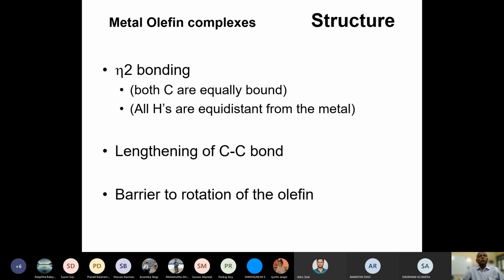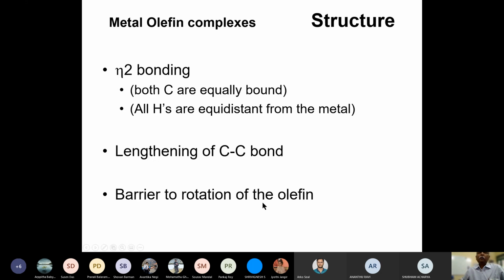So these are things which we discussed. If all that I told you just now is all that is happening between the metal and the olefin, it should not be a problem to rotate the olefin with respect to the metal. But there is a barrier to rotation of the olefin with respect to the metal.